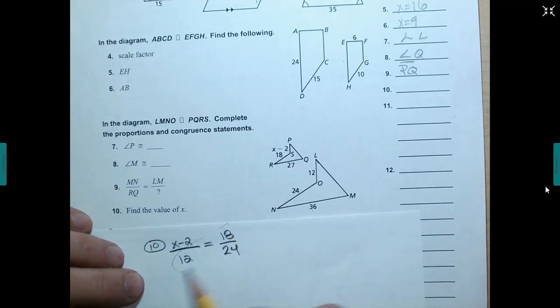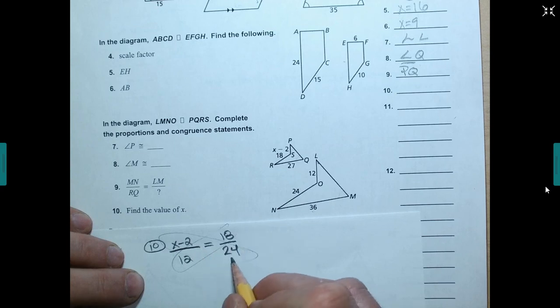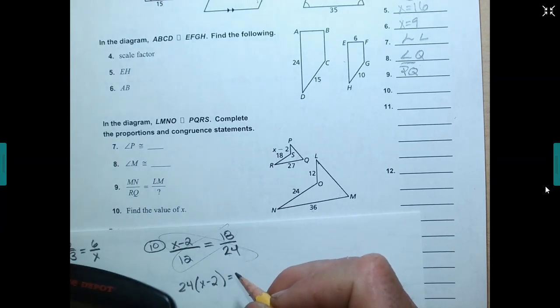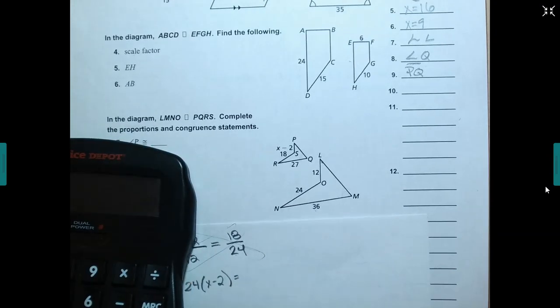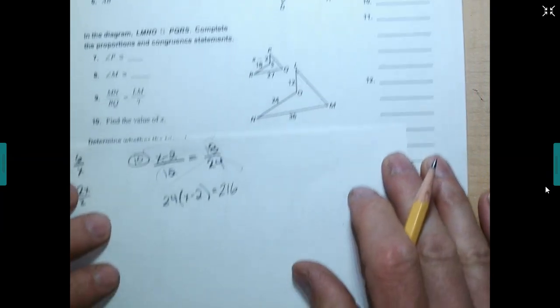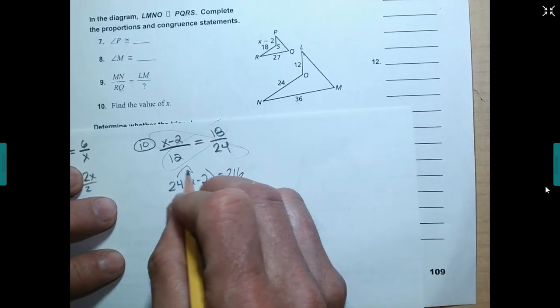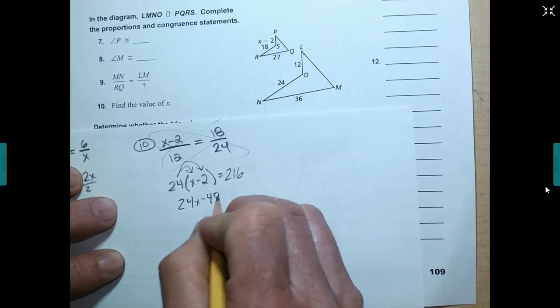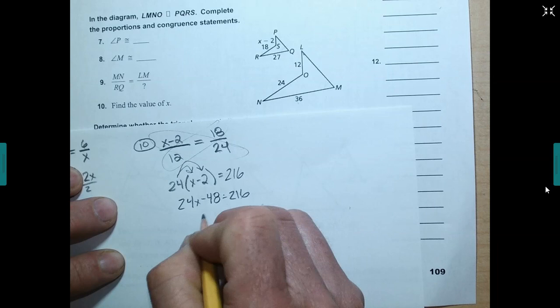So I have 24 times x minus 2 equals 18 times 12, 216. Okay, I'm going to move this up a little bit so you can see all the math. 24x minus 48 equals 216.